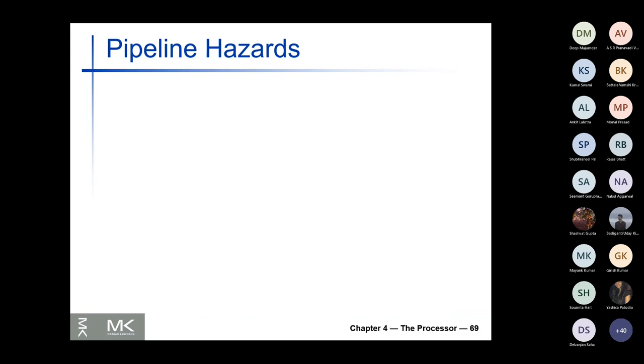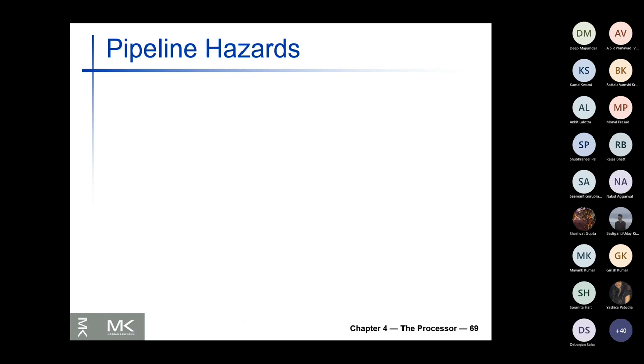The decision regarding the branch, suppose you have branch equal, that equality comparison is done in the execute stage, later in the pipeline of the previous instruction. So you don't know the outcome of the branch instruction which is currently being executed, and therefore the next instruction may or may not be executed, depending on the target address. So that's what is called control hazard. We will discuss that today.